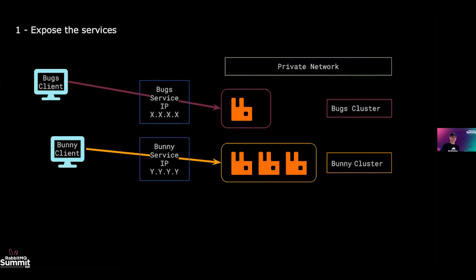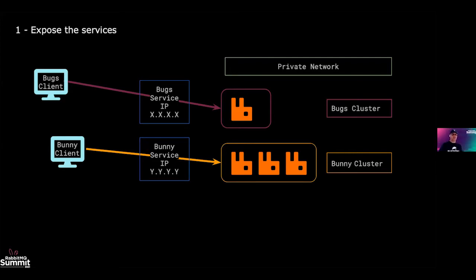So the first one, expose the services. Basically, in Kubernetes you have your deployment, your service, and you can expose the service directly to the public network. It depends on the Kubernetes installation.